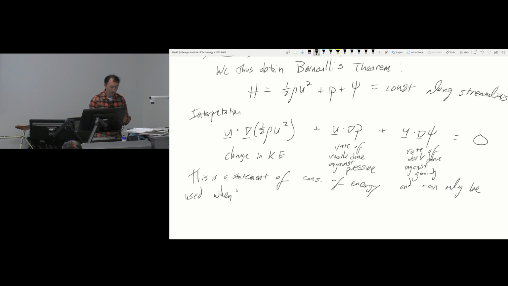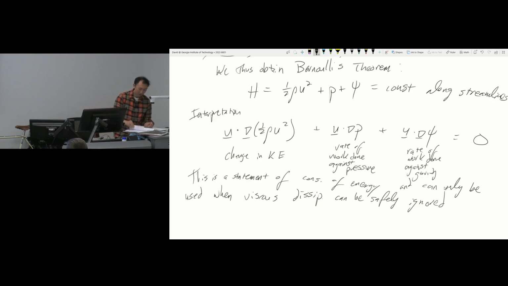And when your Reynolds number is high, you're not really losing much energy to viscosity. So it's used when viscous dissipation can be ignored. This is true between 2 points along a streamline, but we're going to show for irrotational flows, for flows that have no vorticity, it can actually be true between any 2 points.